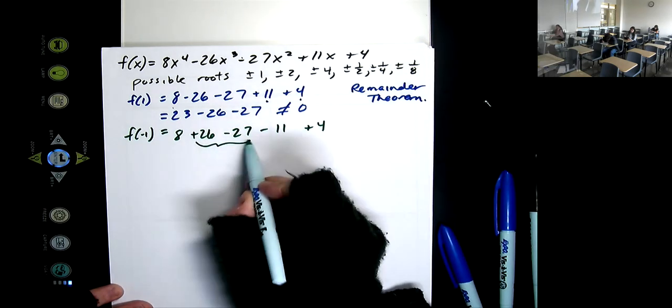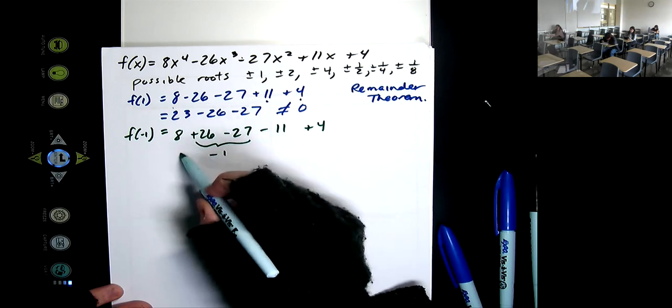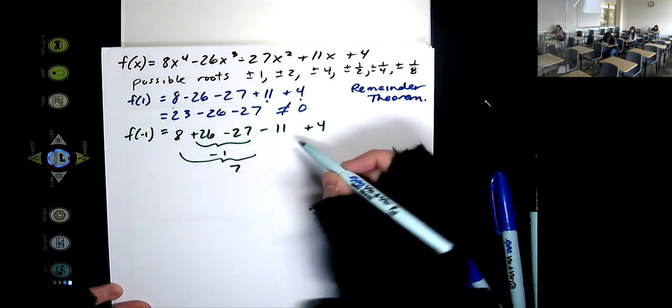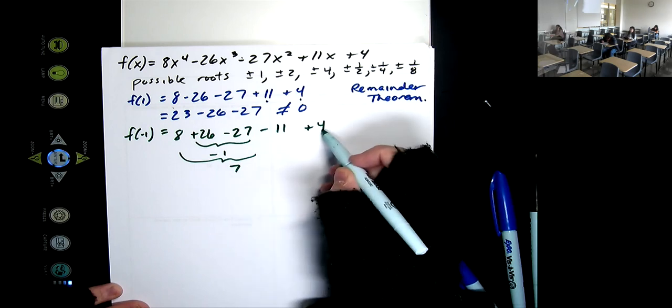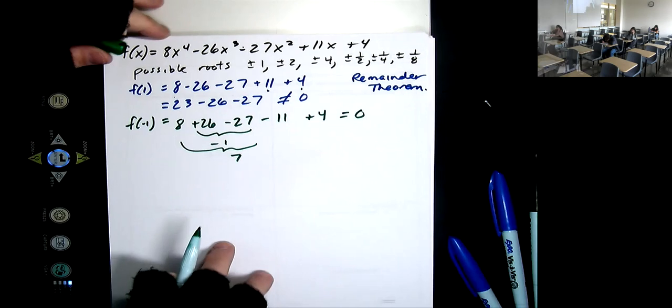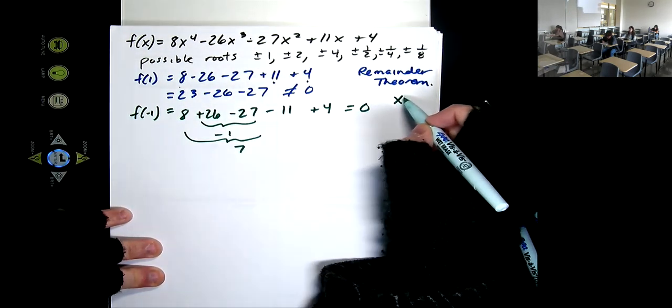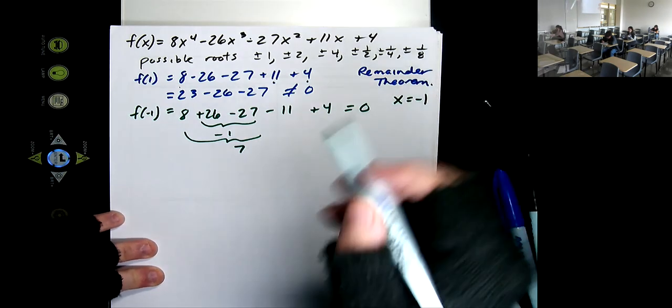So 26 minus 27 is -1. If I do 8 minus 1, I've got 7. 7 plus 4 is 11, minus 11. I'm going to get a 0 here. So f of -1 is a valid answer.